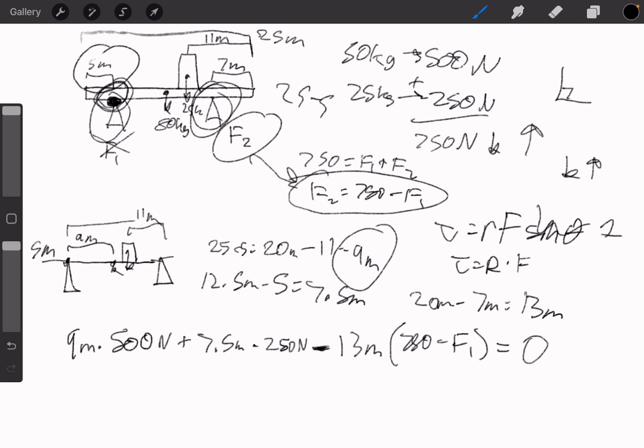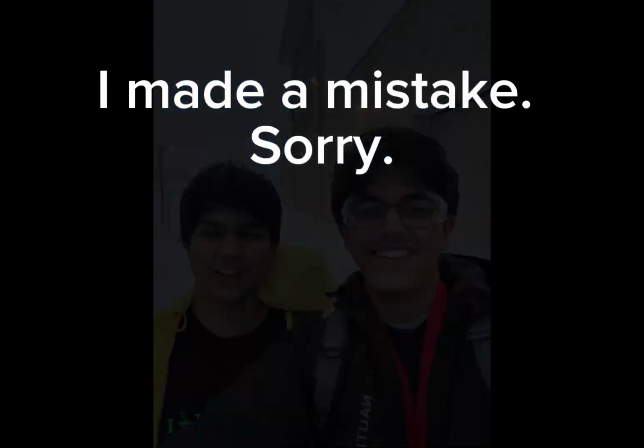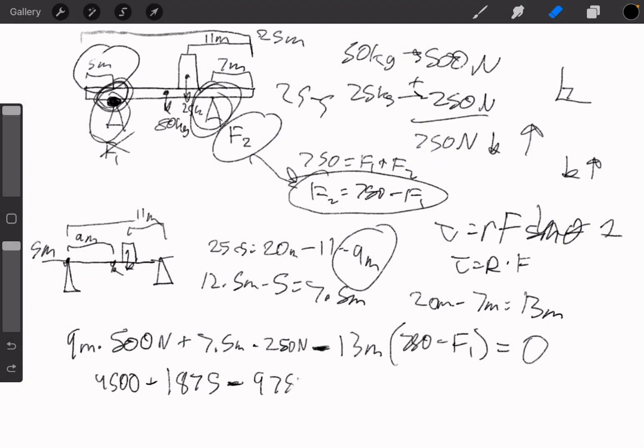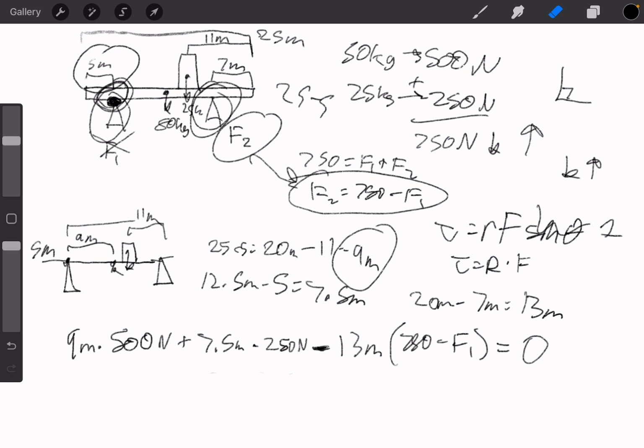So let's expand this out. Guys, sorry about that. I mixed up the masses of the block and the beam. That's my bad. So we're going to have to go back and retrace this one step right here.